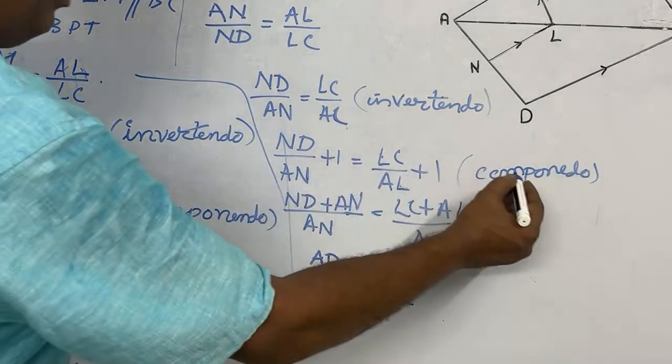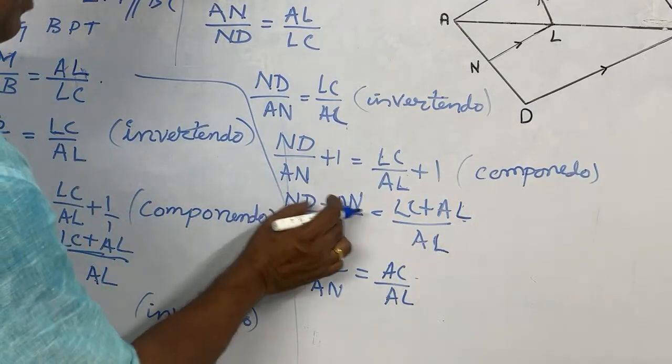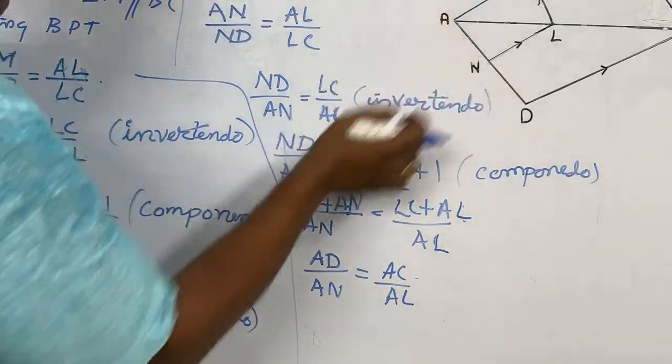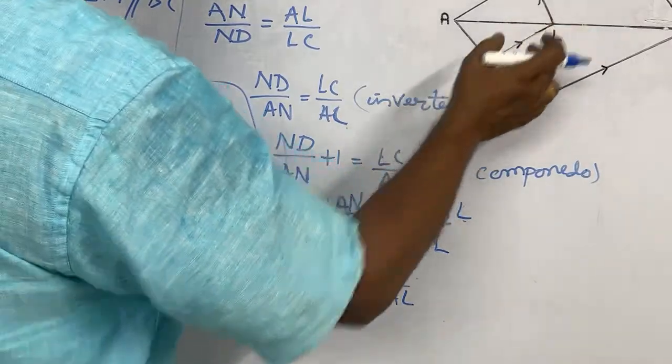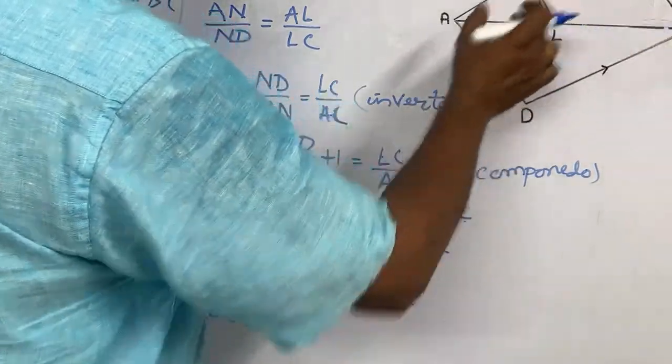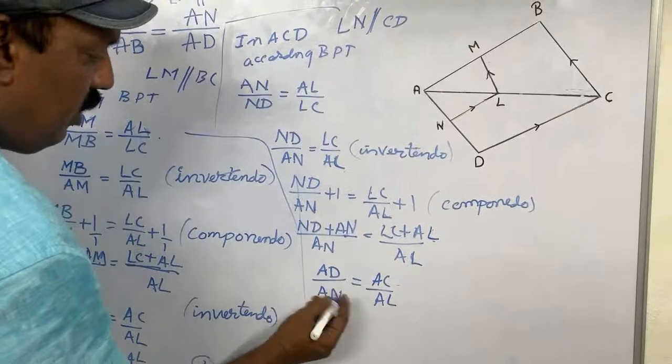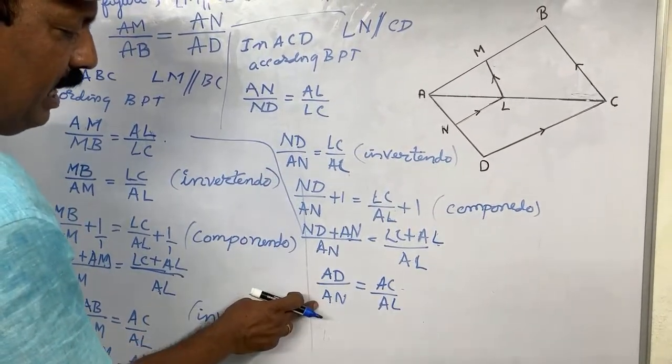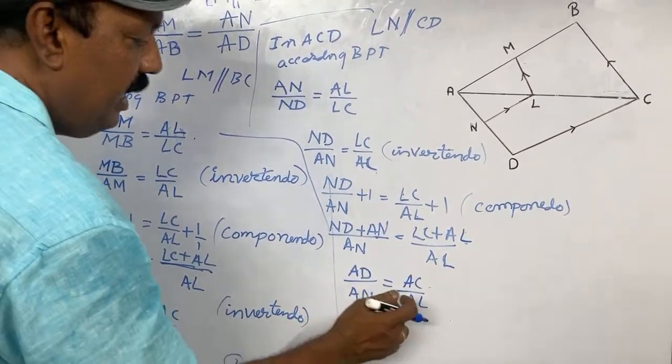We'll go for componendo here. After componendo, ND plus AN gives AD, and LC plus AL gives AC. Now we got the ratio AD by AN is equals to AC by AL.